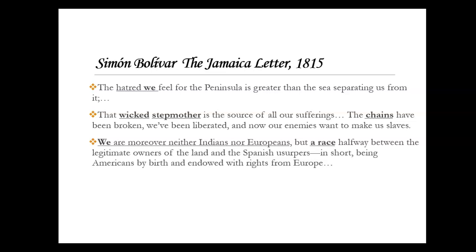We are, moreover, neither Indians nor Europeans, but a race halfway in between, the legitimate owners of the land and the Spanish usurpers, in short, being Americans by birth and endowed with the rights from Europe."